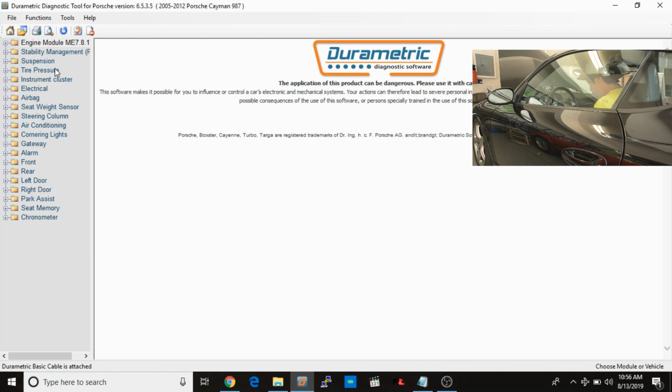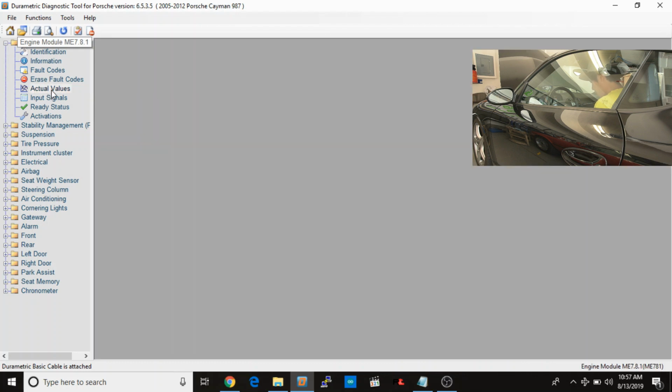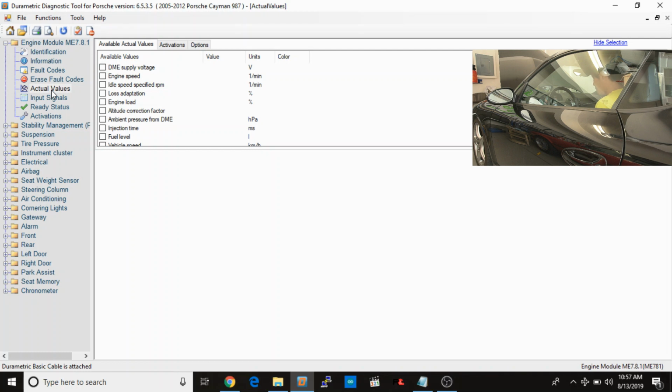Inside of all of this, I've got a bunch of parameters that I can look at, view, reset, whatever. For this video, we're going to look at engine oil temperature and coolant temperature, because I think for most guys those are parameters you want to be watching.